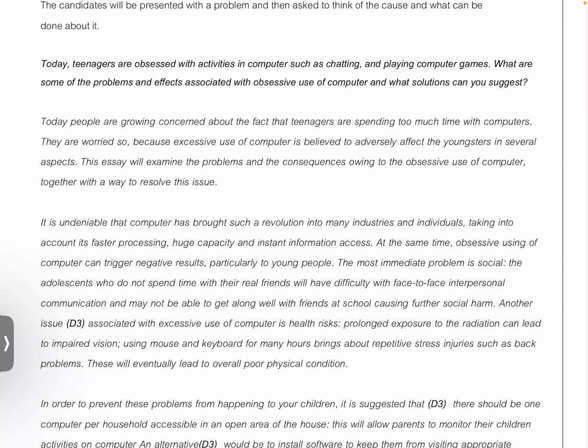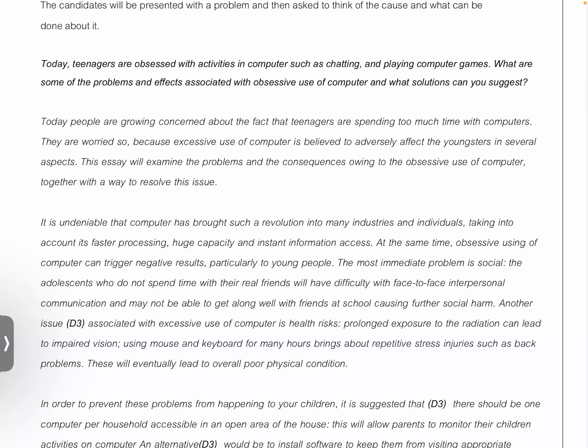Using mouse and keyboard for many hours bring about repetitive stress injuries. If you use too much keyboard, you might have repetitive stress injuries, such as back problems.